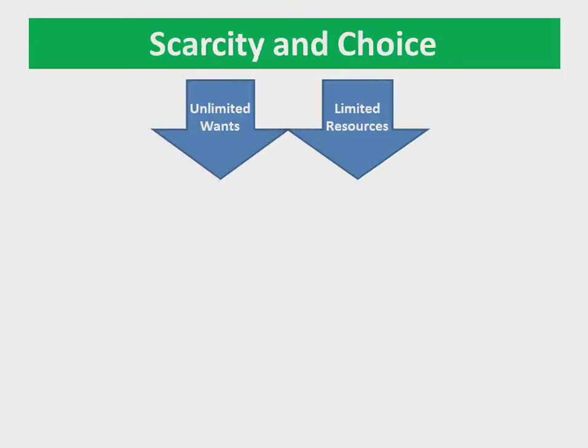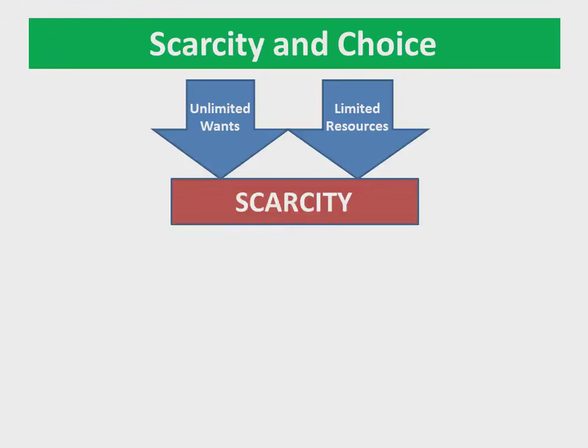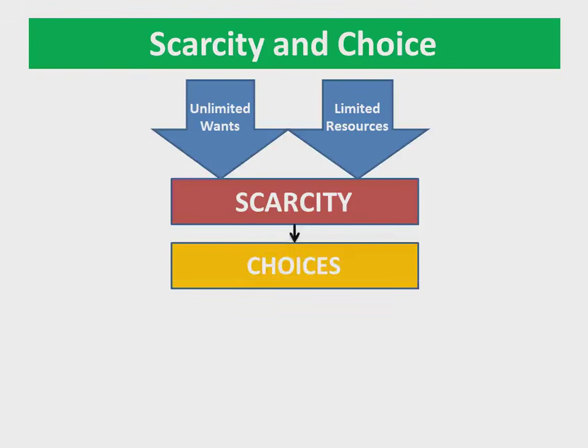Given that we have unlimited wants and are faced with scarce resources, we have a big problem of scarcity that we need to deal with. We need to work out how we are going to maximize or satisfy our interest in everything that we do. Therefore, given the problem of scarcity, we need to make choices.